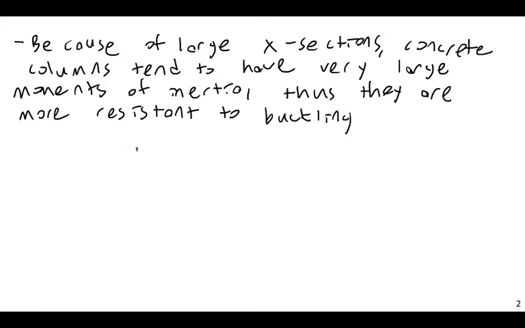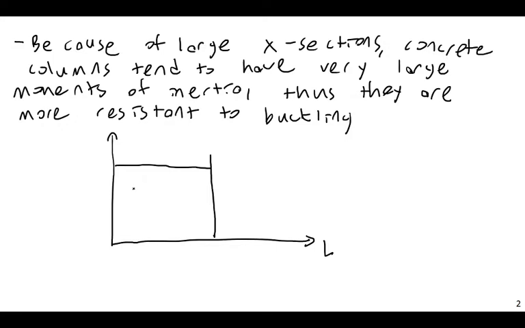Our general regime here is that for a given cross section, as you go along, below a certain length it's going to be a short column, and above that length, it will be a slender column.